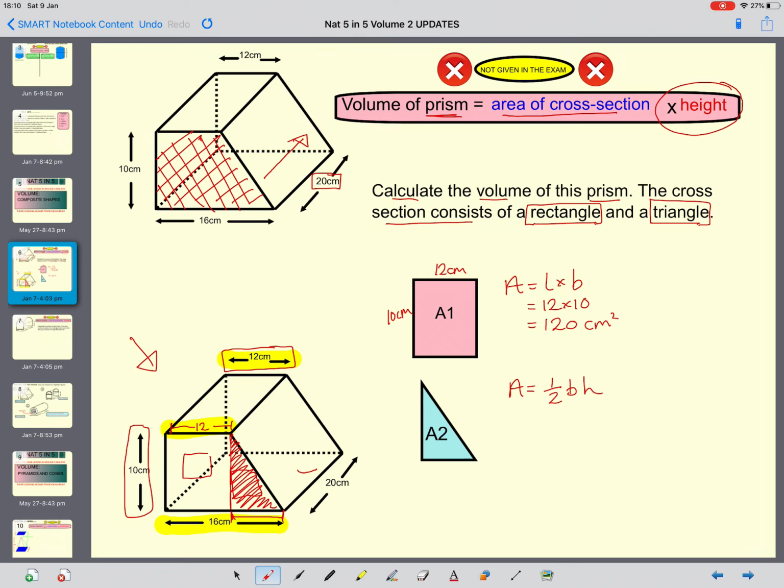So 16 take away 12 is 4. So the base of the triangle must be 4 centimetres, and the height is obviously this height over here, which is 10 centimetres. So you're going to do a half, multiplied by 4, multiplied by 10, which is 20 centimetres squared.